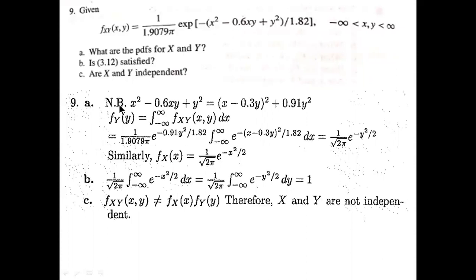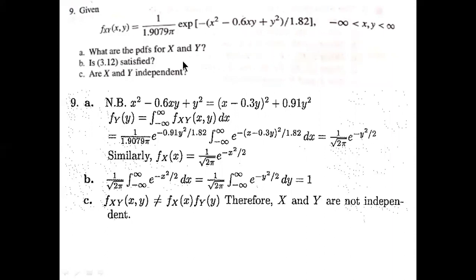Okay, so now we need to, this quantity which is there over here, x square minus 0.6 xy plus y square, can be expanded and written like this: x minus 0.3 y whole square plus 0.91 y square.